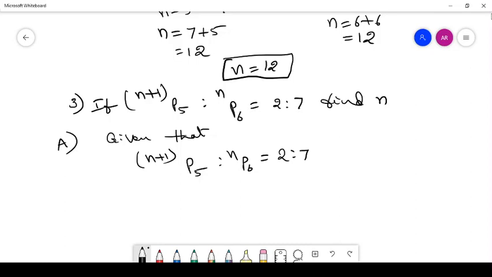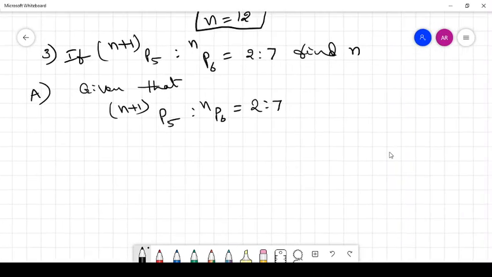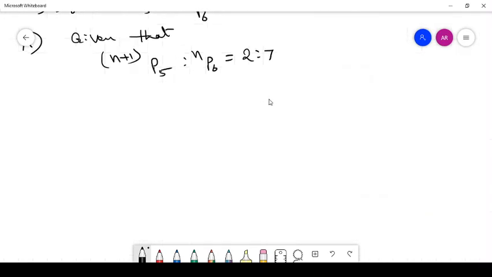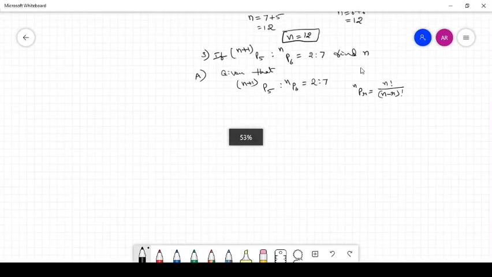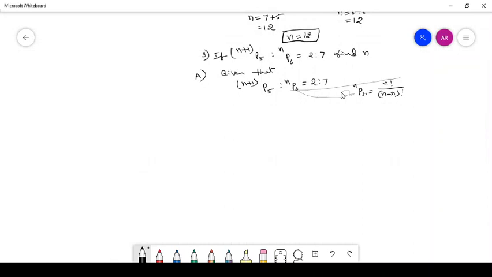We know the nPr result. What is the result of nPr? nPr is nothing but n factorial by (n minus r) factorial.